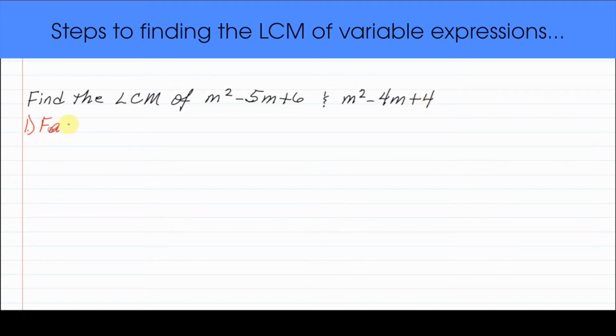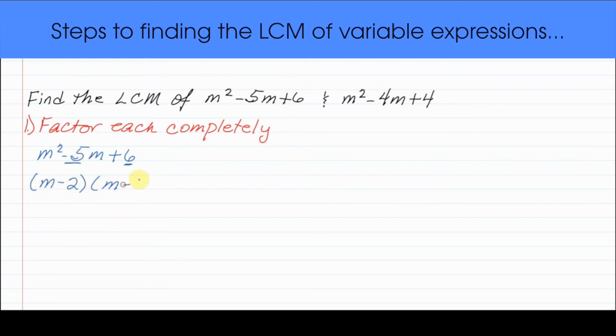We want to factor each completely. So if we have m squared minus 5m plus 6, we're looking for two numbers that have a product of 6 and a sum of negative 5. So that's going to be m minus 2 times m minus 3.